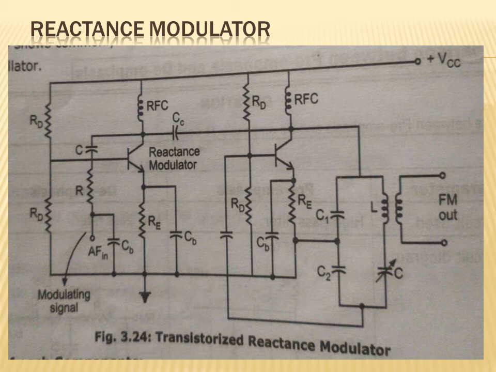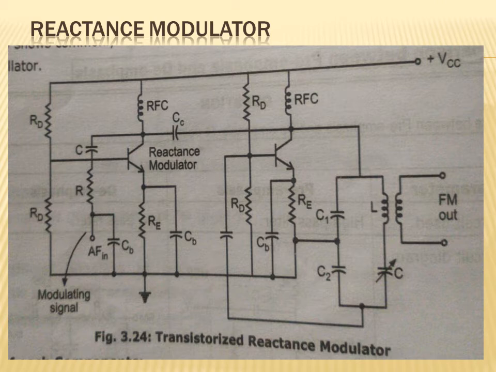This CC couples the reactance modulator and the oscillator circuit. CC, which stands for coupling capacitor, is used to couple the output of transistor Q1 with the oscillator circuit.